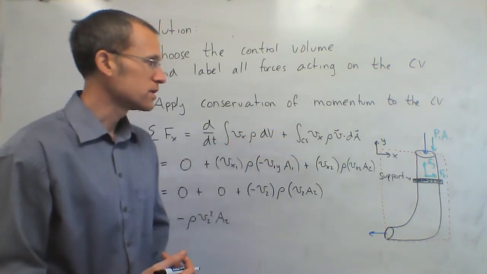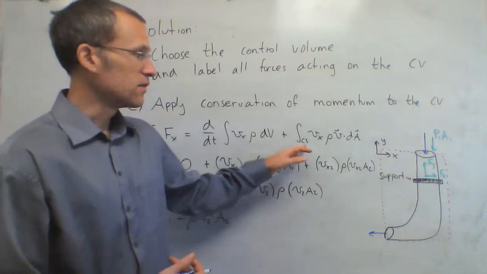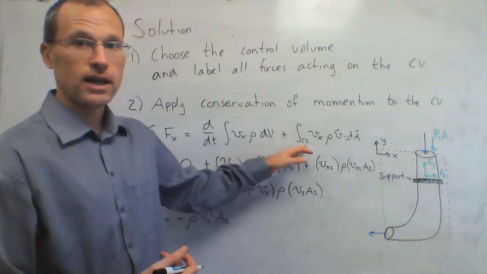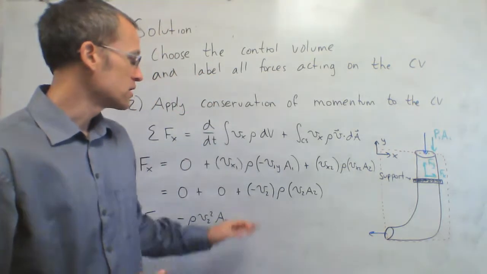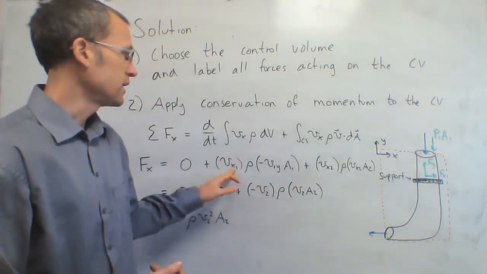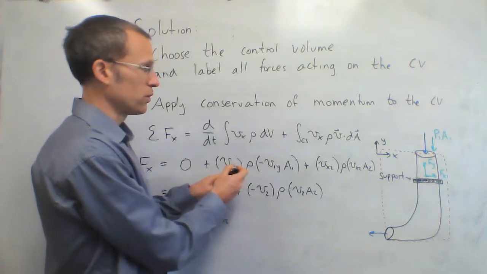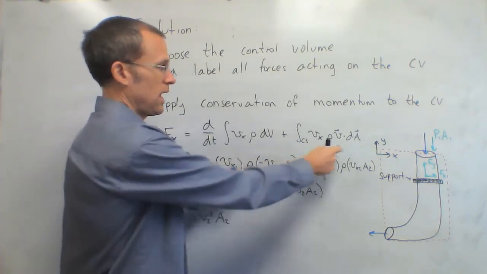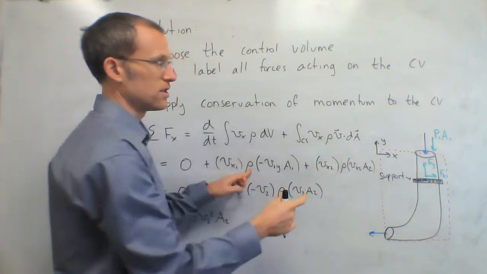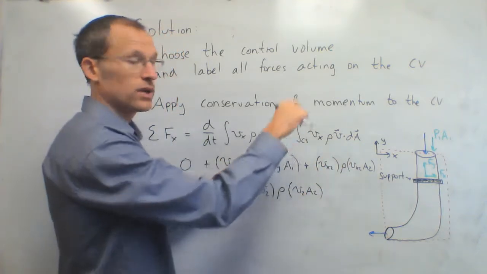Then the second part, in my control surface, I have two places where it's coming in and out: coming in at point 1, coming out at point 2. For the first one at point 1, I need the x velocity at point 1 for Vx, rho at that point, and then V dotted with dA, which is not necessarily related to x, it's related to what's actually going in.